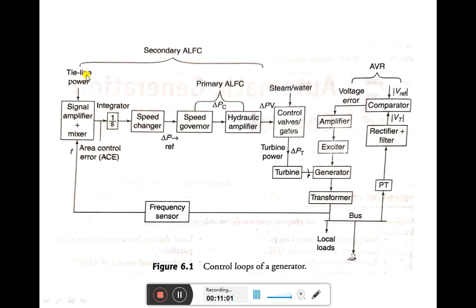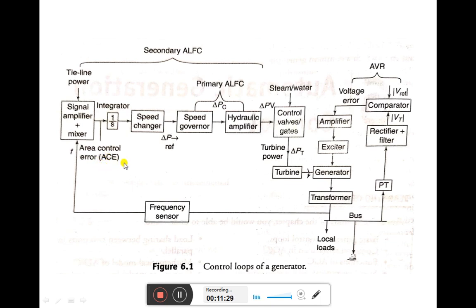This tie line power is nothing but the power exchange taking place between two adjacent areas, and if there is variation in that also, we take it as feedback. This change in the tie line flow we give to the signal amplifier, and one more input to this signal amplifier plus mixer is the area control error.